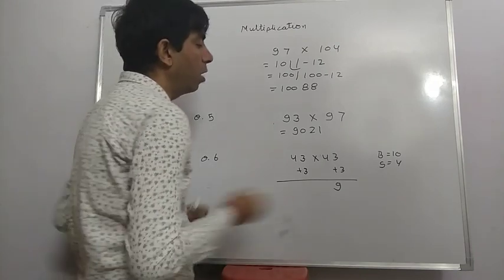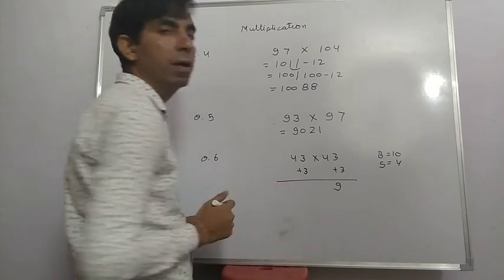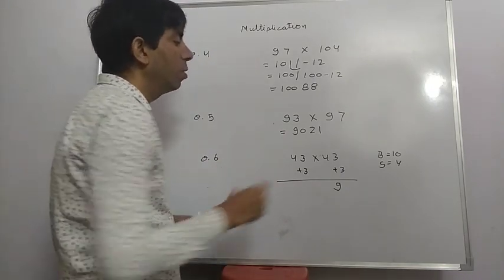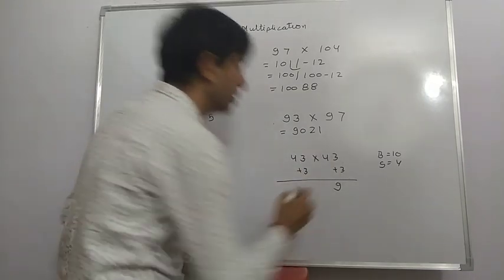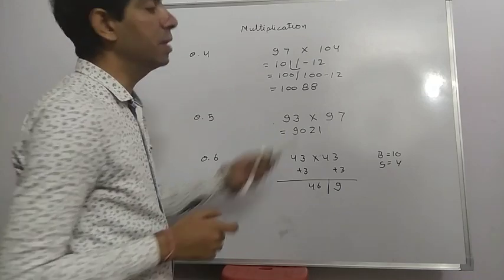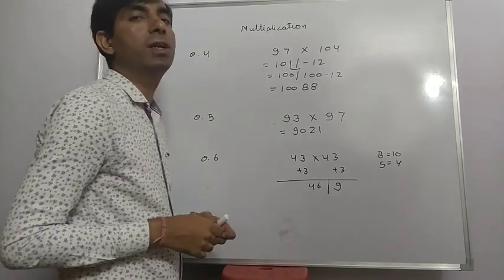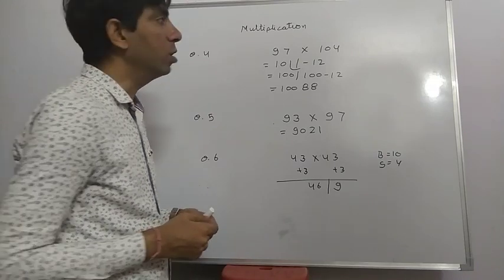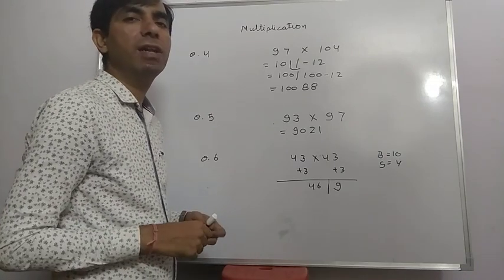Next, we add one number to the other number's deviation. So 43 plus 3, 46. But here the subbase, the number of digit 4, is effective in multiplication, because subbase 1 is not effective for any number.